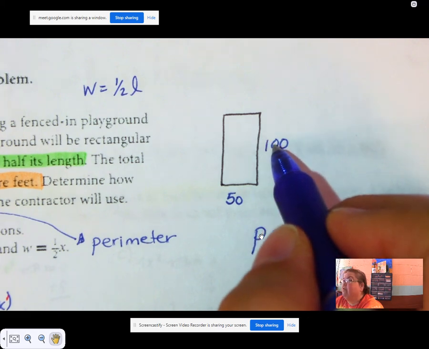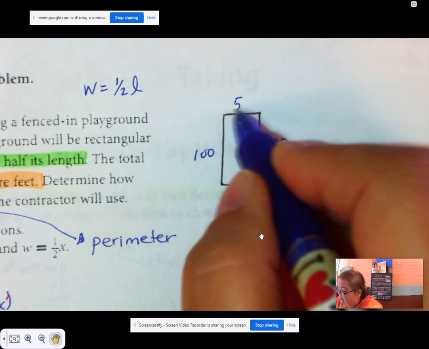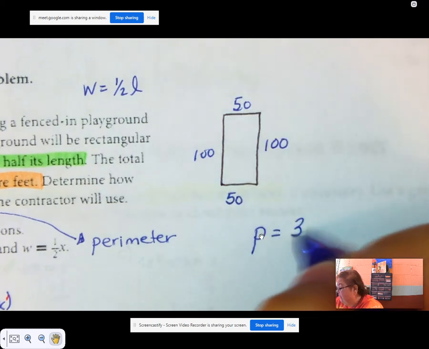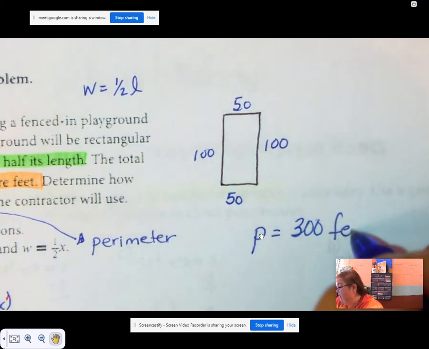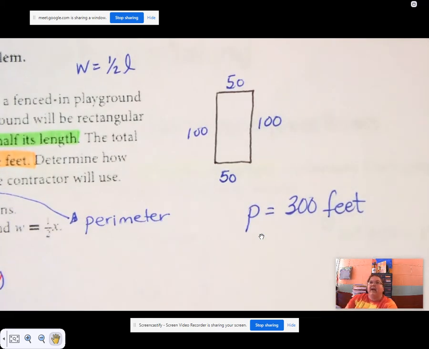If this was 100, how much is this one? 300 feet, because we add. Perimeter means we add all the way around, which means you need all the numbers. 50 plus 50 is 100, plus 100 plus 100 is 300.